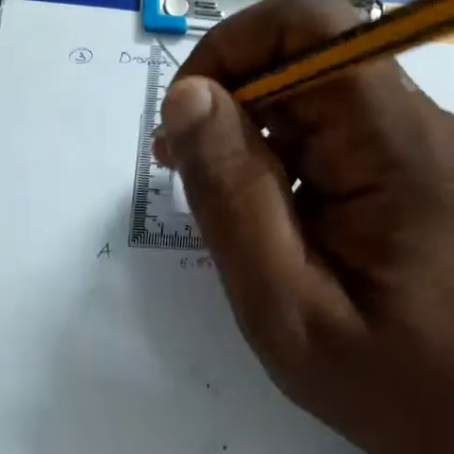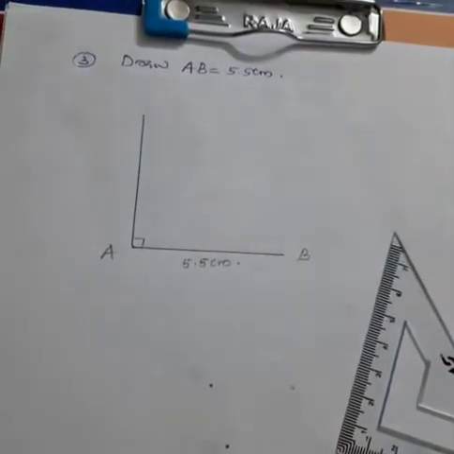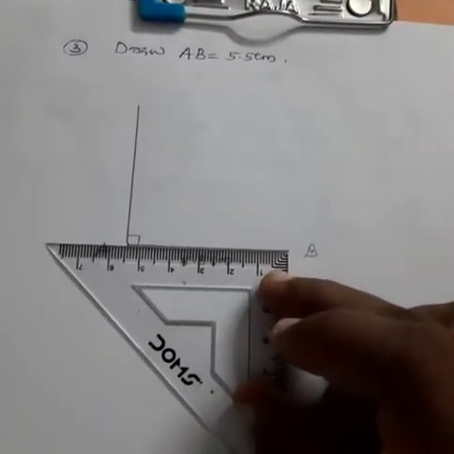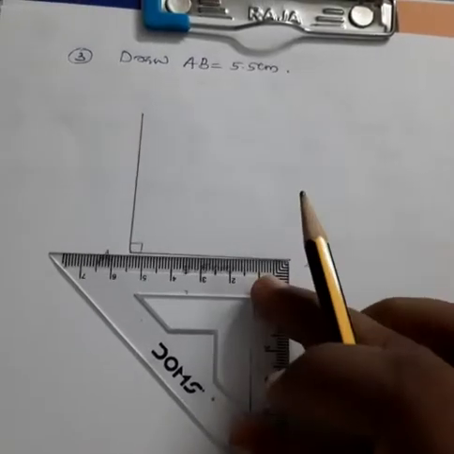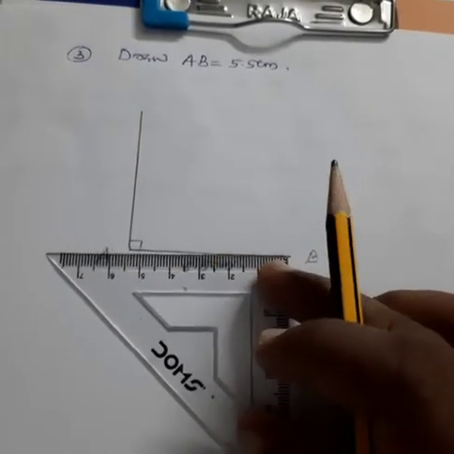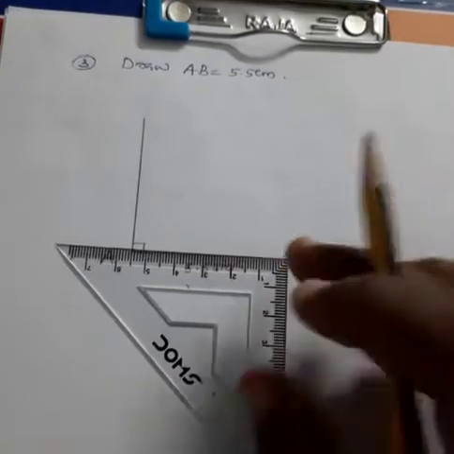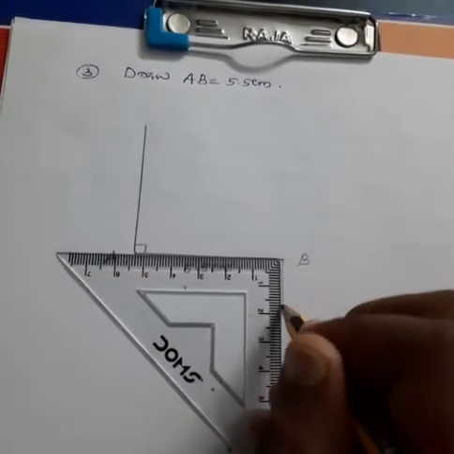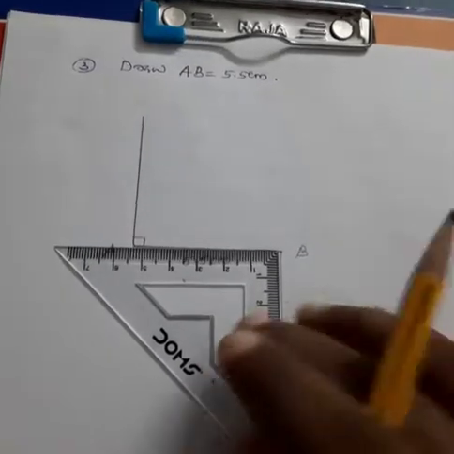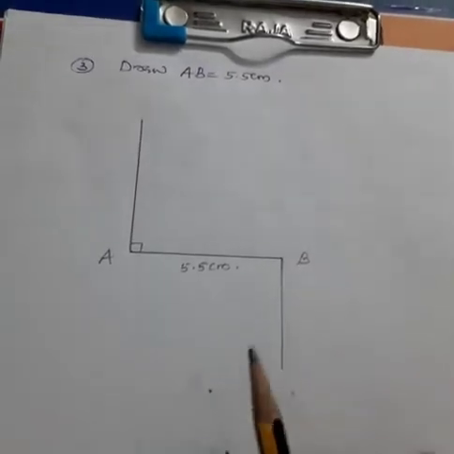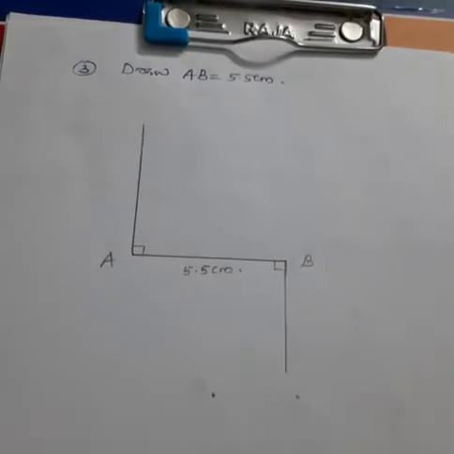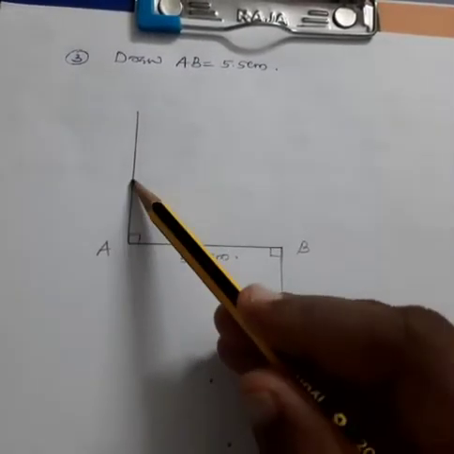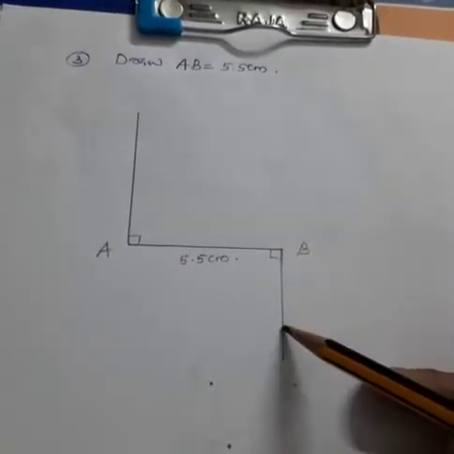That means you will get a 90-degree angle there. And using B also, on the side of B also, you have to draw another line, another 90-degree. So here also you will get 90-degree. Take any measurement from A, and the same measurement you have to mark at B also.